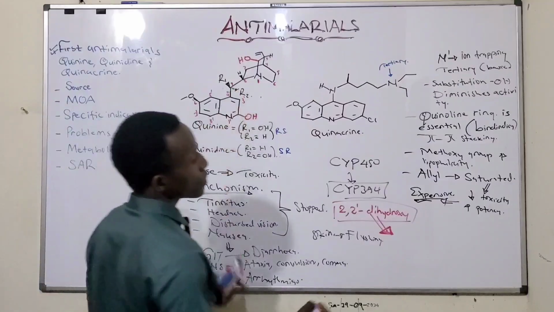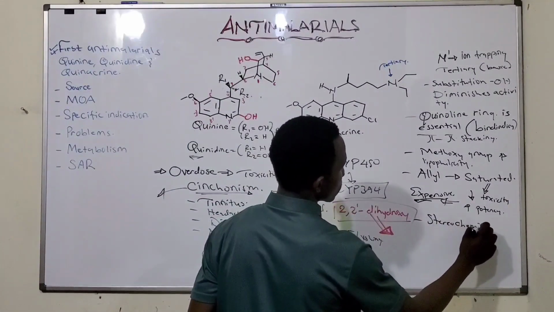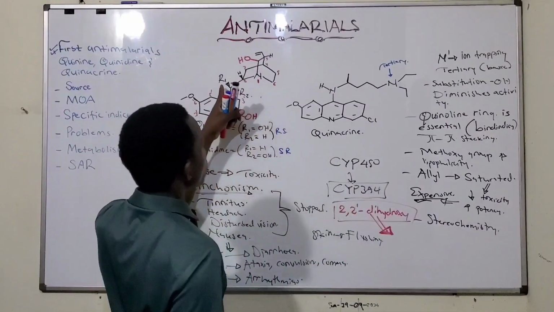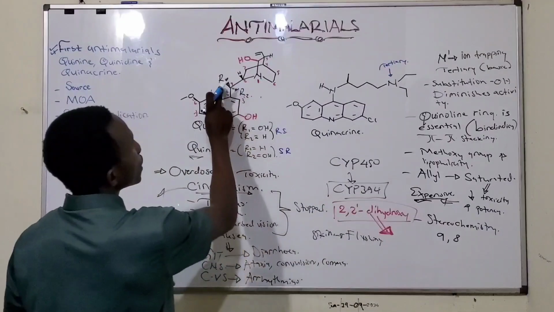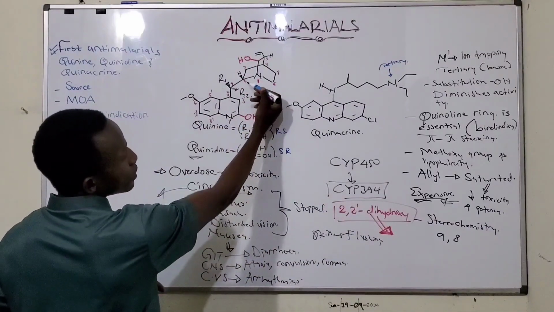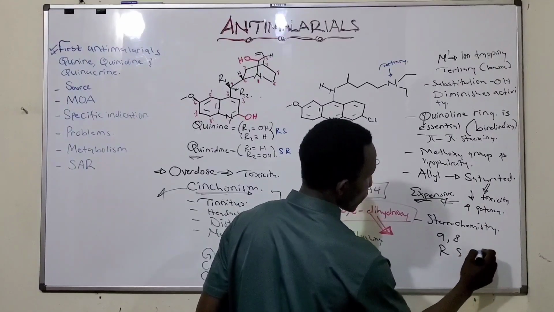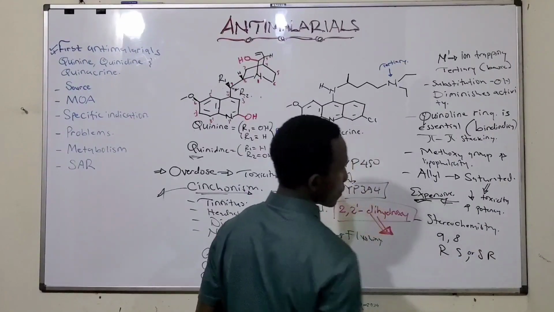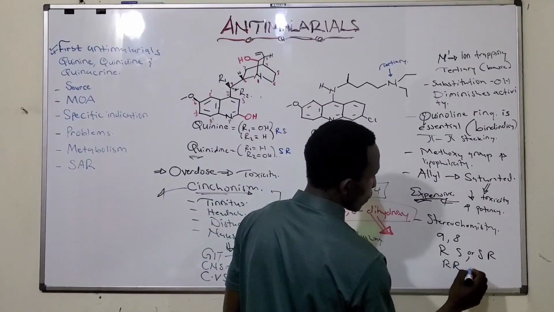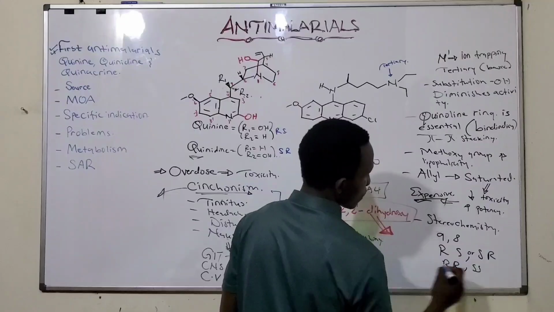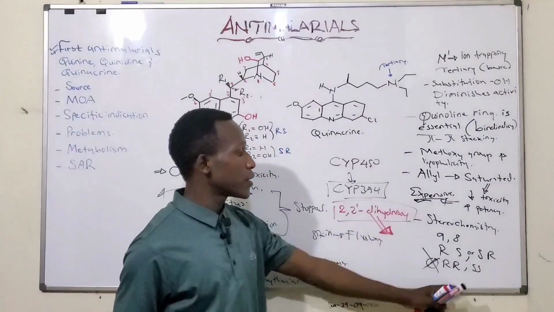We talk about the stereochemistry. For stereochemistry, the position 9 and position 8. This is position 9, this is position 8. So it should be R, S, or S, R for activity, but shouldn't be R, R, or S, S. This one diminishes the activity.